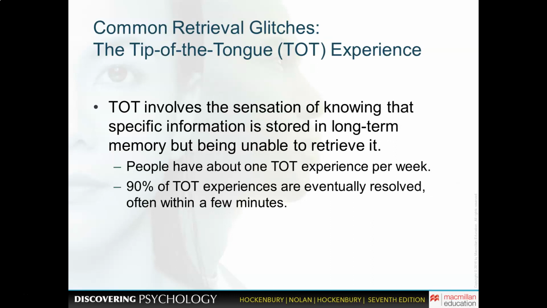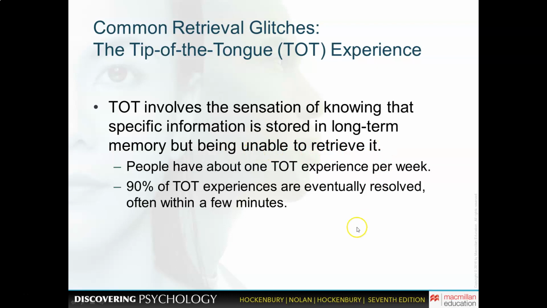All right. Now, every once in a while, this happens to all of us. As a matter of fact, this happens to most of us more often than we are aware of. This is known as the tip of the tongue experience. That means we have the sensation of knowing something, but we just cannot retrieve it.